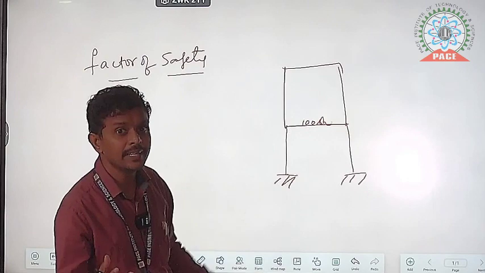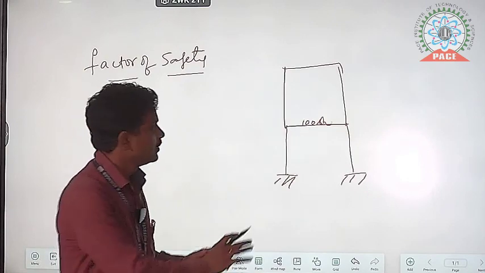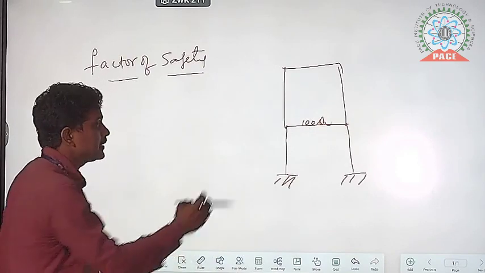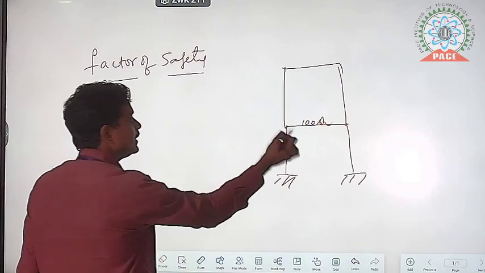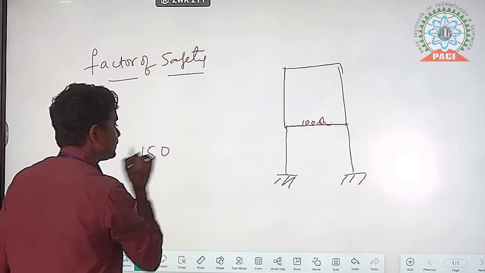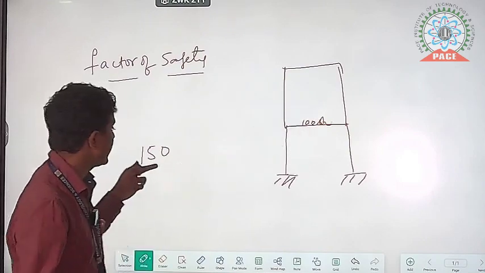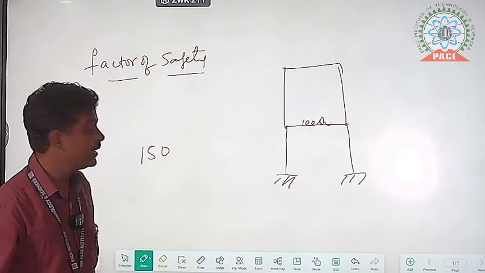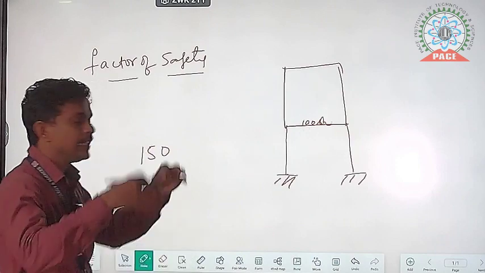But what I will do is, I will design this beam for 150. Actually 100 is enough, but I will design this beam for 150. Why 150? I will tell the people the capacity is only 100. So if 100 people come, no problem.